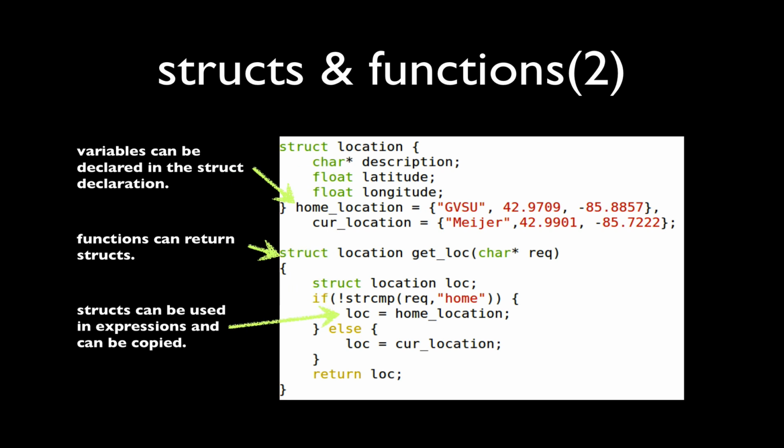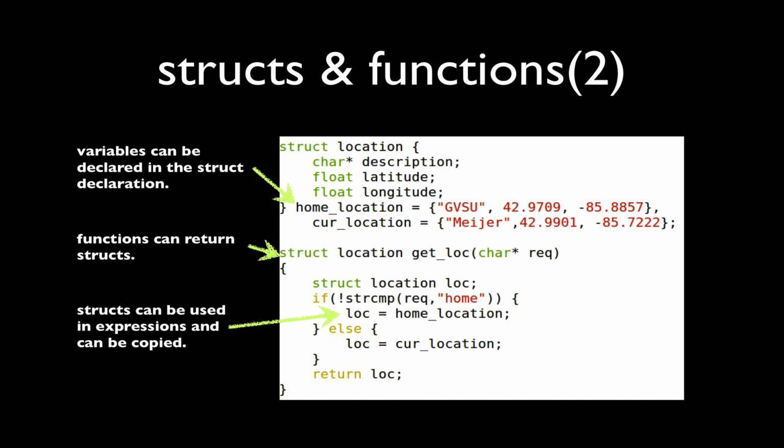And finally, structs can be used in expressions and can be copied just as we've seen before. So in this case, I've got an input parameter of req, and I can do a string comparison on that. And if it's home, I'm going to assign some home location to the local variable loc.